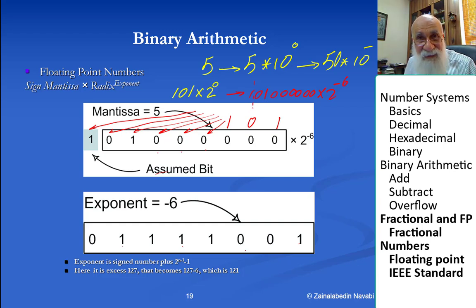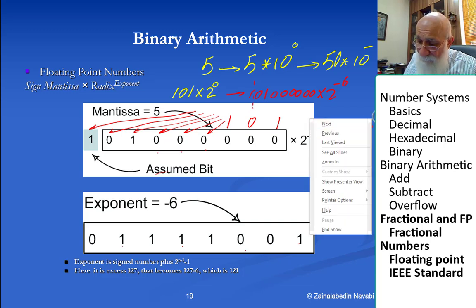Since it is always negative, there's no point in using a position for the sign bit of the number. Again, to save a bit, instead of representing minus 6 as a 2's complement or as a sign and magnitude number, since it's always negative, I represent it as what is called excess.